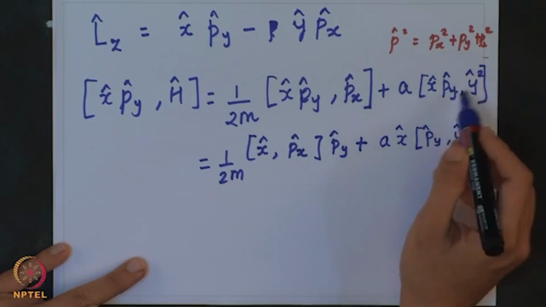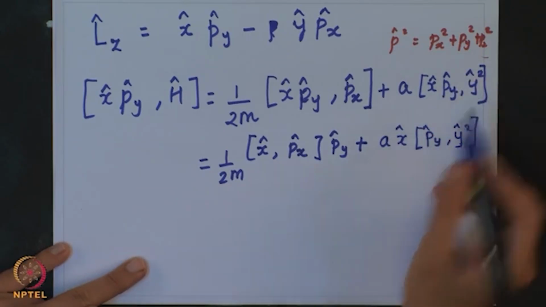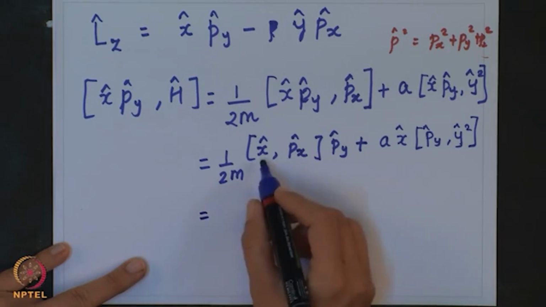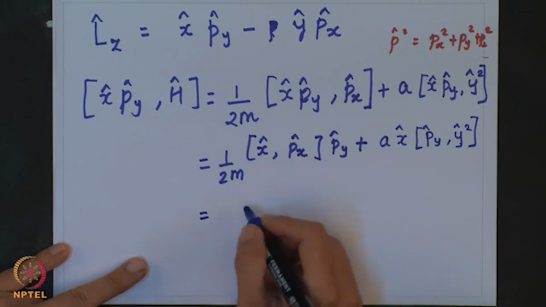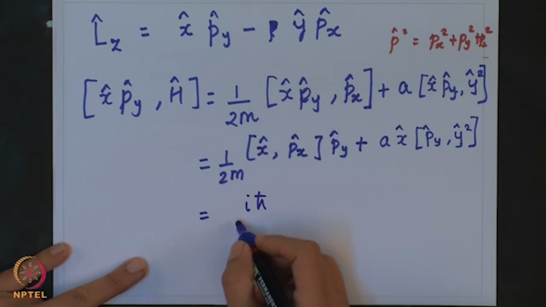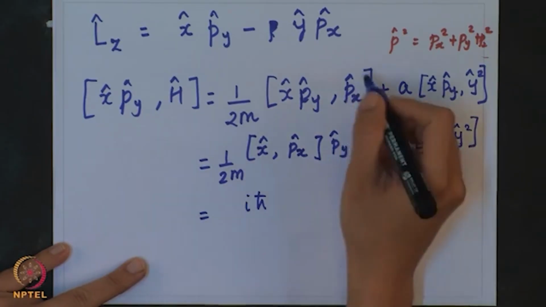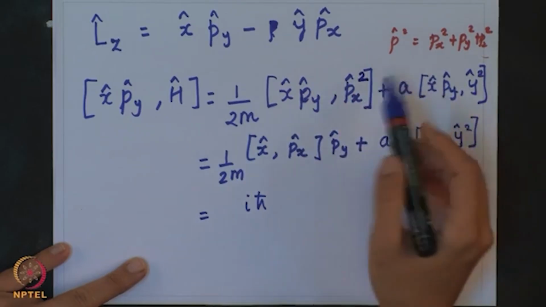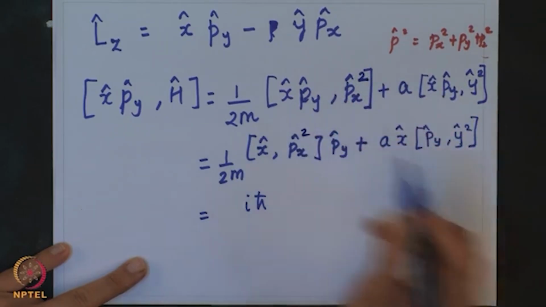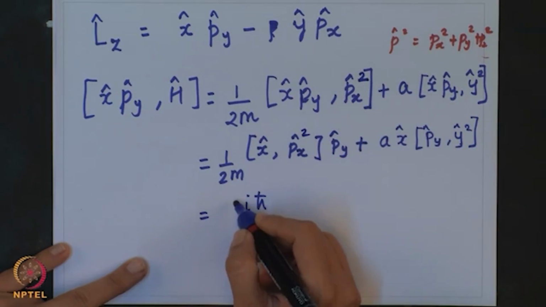So, the second term will again not contribute. What I am left with here is i h cross upon 2m. Here I have to write px square, which I was missing.